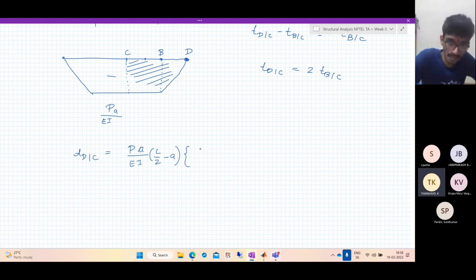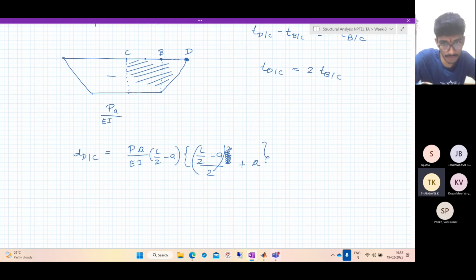So it acts at L by 2 minus A by 2, plus this distance, which is A. This is due to the rectangle and it's negative, and the part due to the triangle, which is minus half of PA by EI acting through A. And what is the moment lever arm? It is 2/3 of A. So this is TD with respect to C.